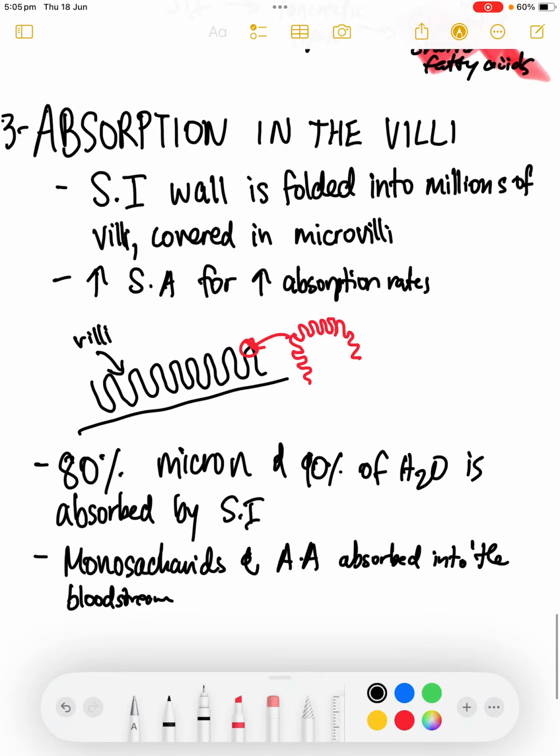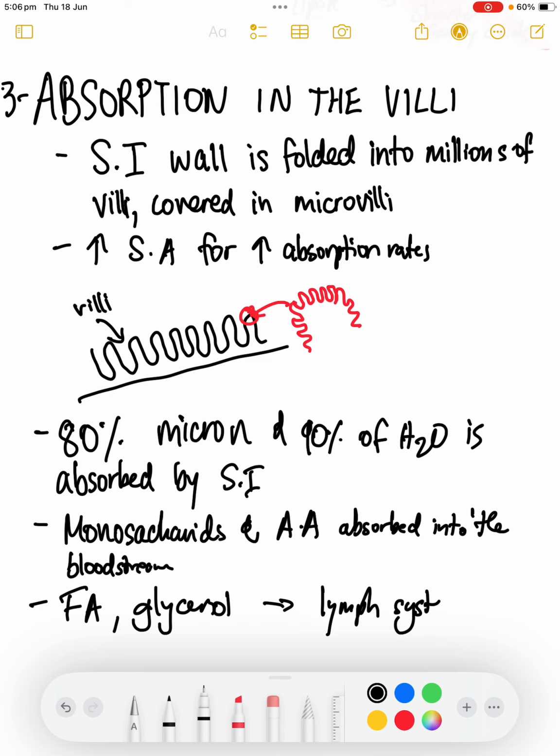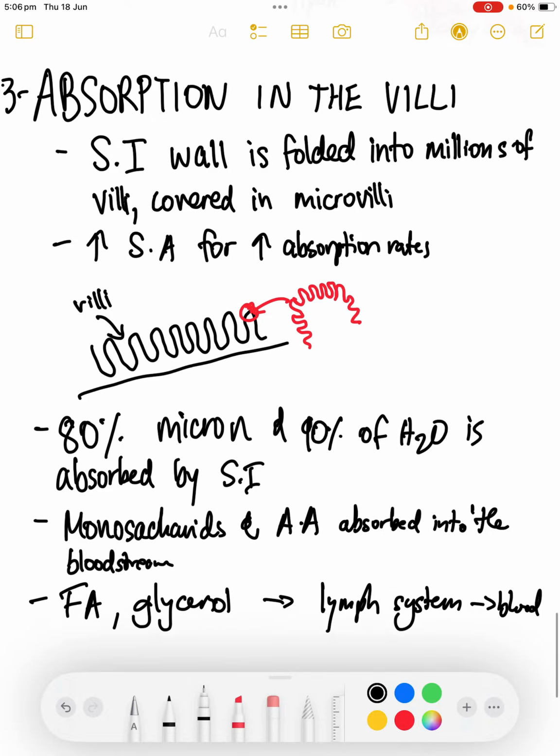All right, and that's because they are broken down into those units too. And then fatty acids, glycerol and monoglycerides are in the lymph system, which join the bloodstream near the heart. So in the lymph system, and then that goes to the bloodstream near the heart.